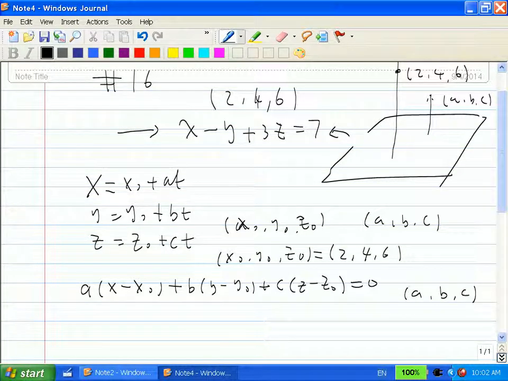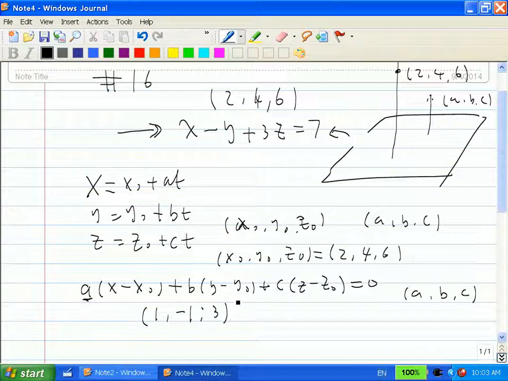Now the equation of the plane is x minus y plus 3z equals 7. What is a here? a is the coefficient of x, b is the coefficient of y, and c is the coefficient of z. So the equation gives us the vector (1, minus 1, 3), which is exactly a, b, c here.